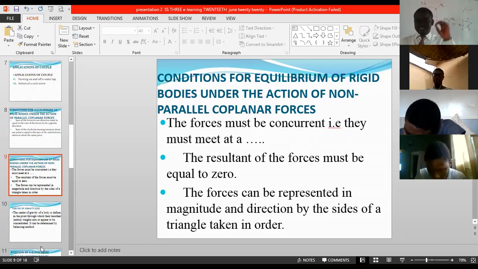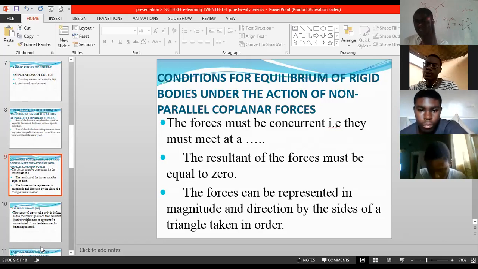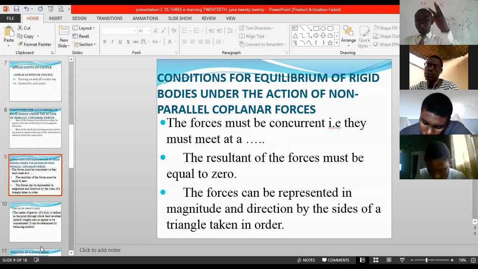Lami's theorem states that if three forces are acting at equilibrium, then they can be represented in magnitude and direction by the three sides of a triangle taken in order.